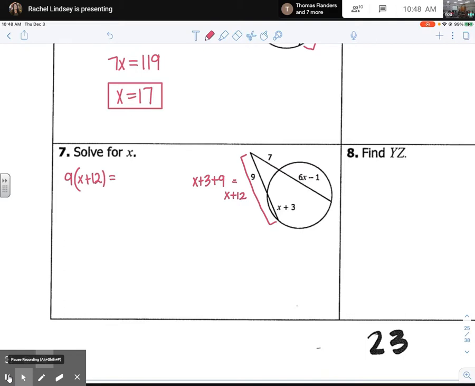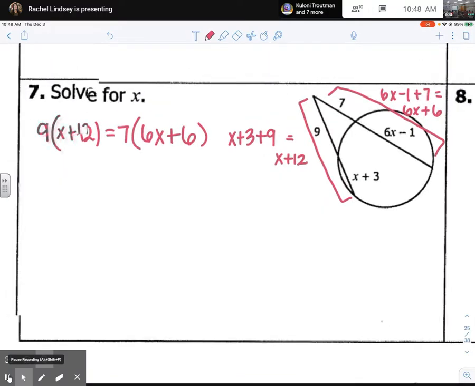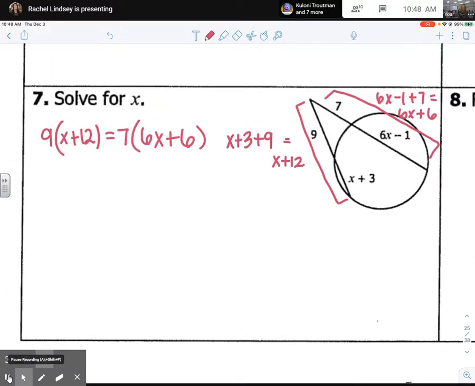Then the one that has outside of 7, the whole would be 6x minus 1 plus 7, which is 6x plus 6. So you have to combine those things. You gotta be careful with that.